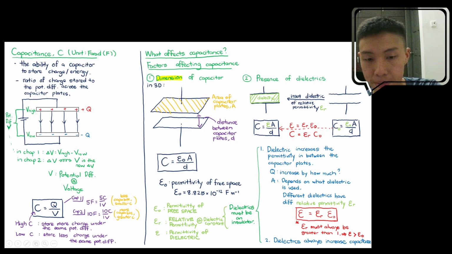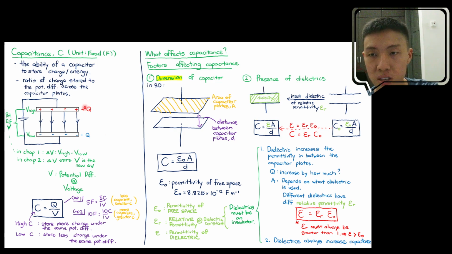But now I would like to recall something that you have learned in the previous video. You know that capacitance, if you refer back to its definition, is the ratio of charge stored to the potential difference across the plate. So the capacitor stores charge, so there's a value of Q over here. Why is there a charge being stored? It's because you connect it to some kind of power supply to bring charges from one plate to another plate.